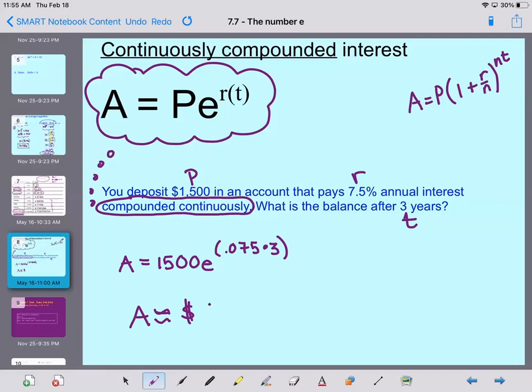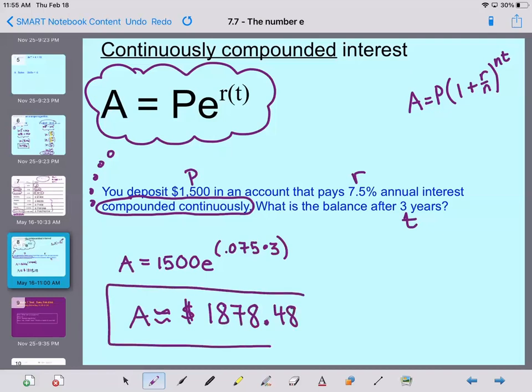So this is the decimal I got. Money, always 2 decimal places. Don't put 3. 2 decimal places for money, unless it says like round to the nearest dollar. If it says round to the nearest dollar, well then it's 1878.